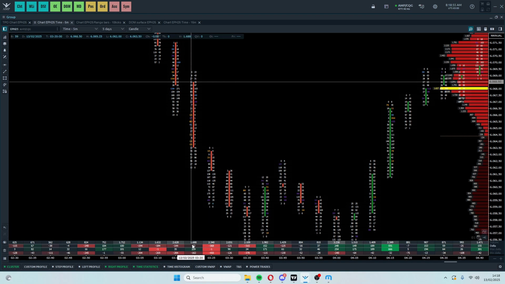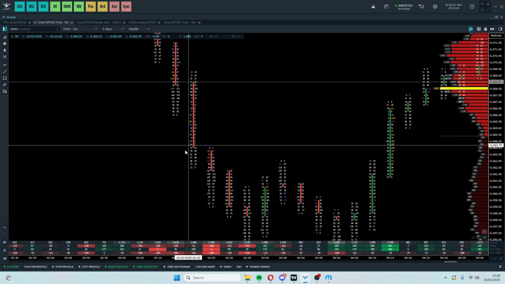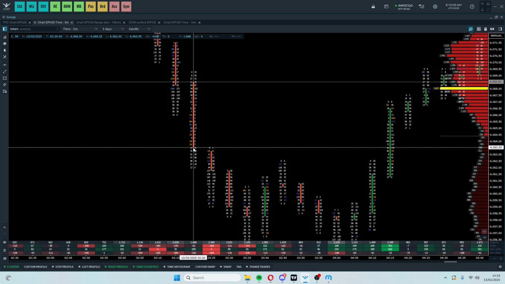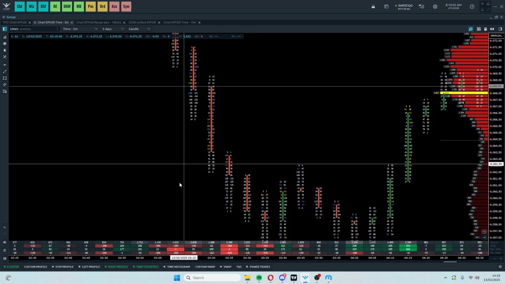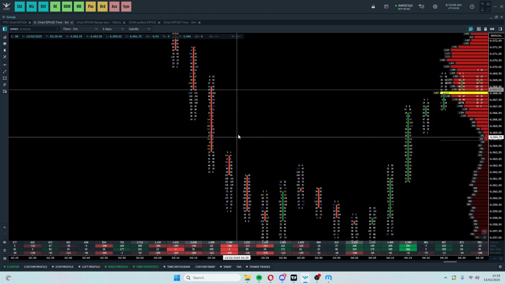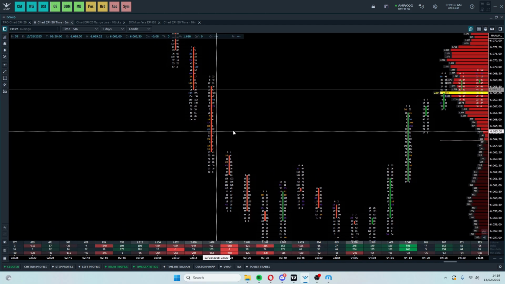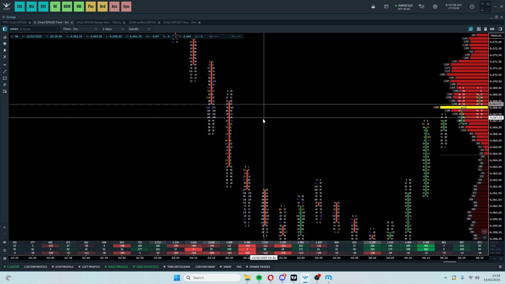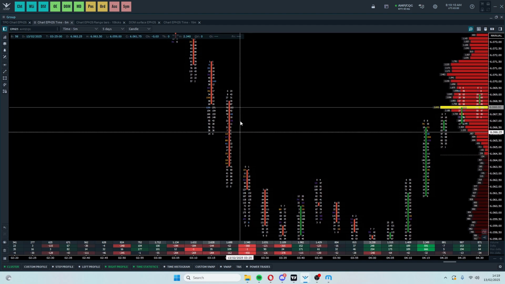The delta you can see at the top here is just the delta at the candle close, and these numbers let us determine whether buyers or sellers were in control during these 5 minutes.